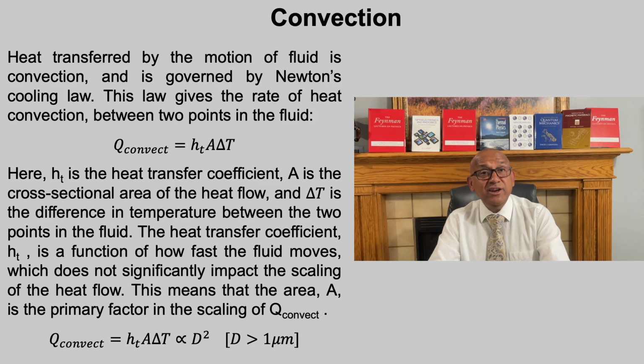The main factor in scaling comes from the area A, which increases with the square of the characteristic dimension d. So, when we scale things up, the convective heat transfer increases as d squared. In other words, larger systems with bigger surface area transfer more heat through convection than smaller systems.